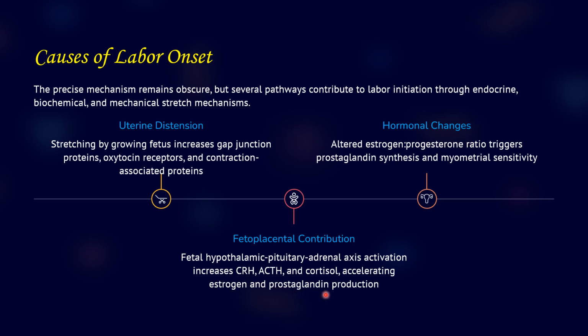Hence there is cervical ripening and uterine contraction. So these are the causes of labor. The first is uterine distension. After that there are hormonal changes, and there is also a fetoplacental contribution.